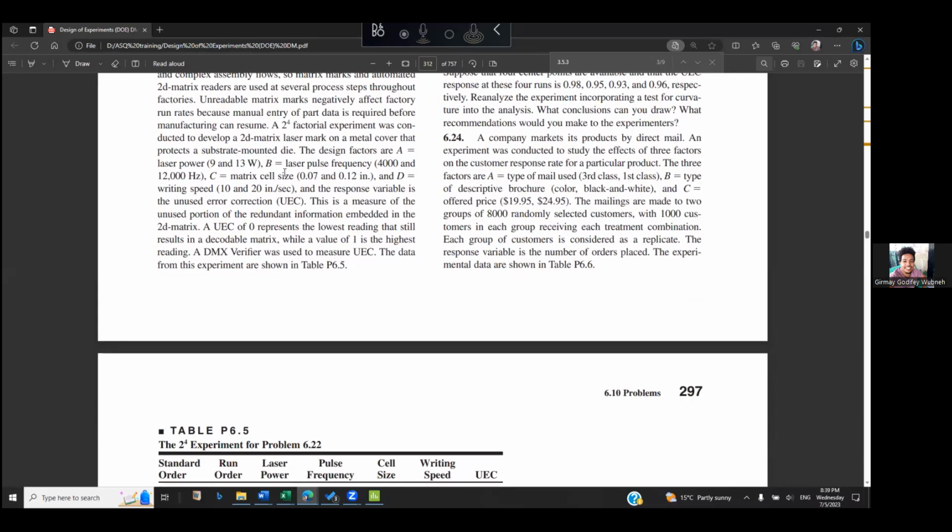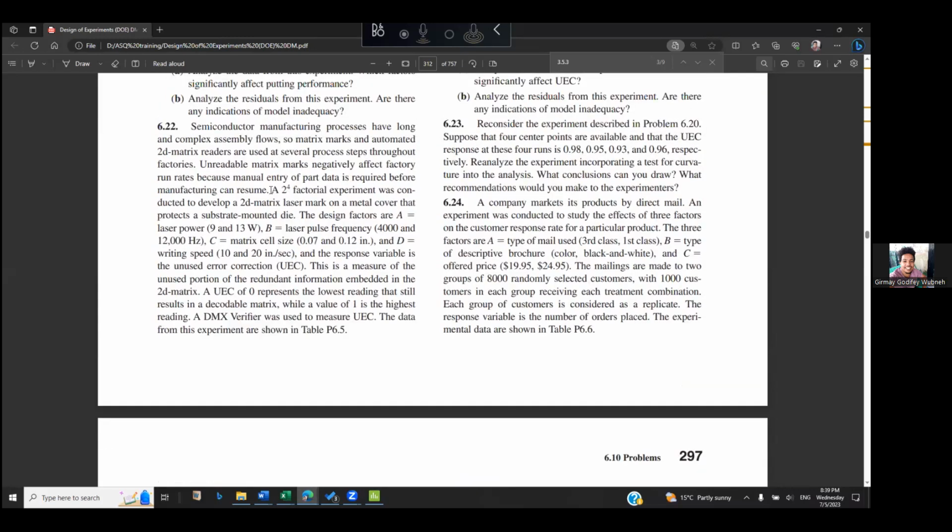So 2 factorial, that's 2 to the power of 4, meaning 2 levels and 4 factors. So the total number of samples will be 2 to the power of 4. Two levels means high, low, or 1 and minus 1.